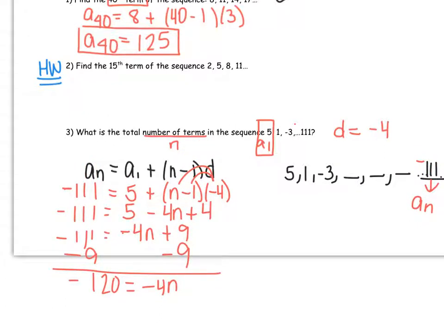And then we could actually divide both sides by -4. And n is equal to 30. So that means there are 30 terms in the sequence between 5 and -111. There would be about 28 of them in between here. So add them together and that gives me 30. Okay, let's move on to the next page.